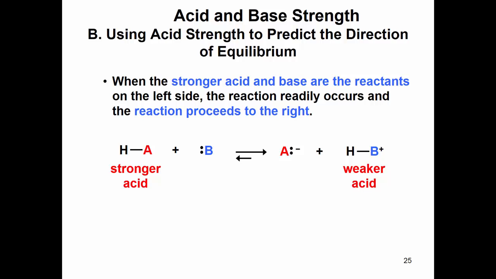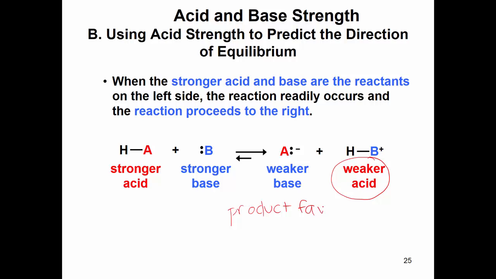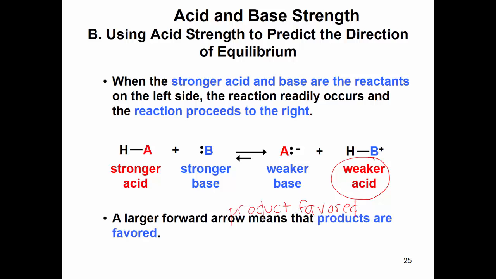All right, so when the stronger acid and base are the reactants on the left, the reaction is going to readily occur and the reaction proceeds to the right. So here, if you look at the products, we would say that this is product favored. We don't have actual acids and bases in here, so we're just trying to get the concept first. And therefore you see this arrow is larger going towards the products because more products are formed.